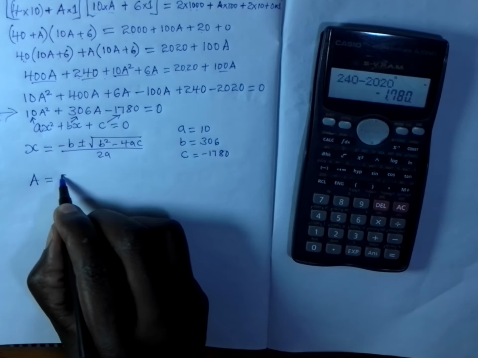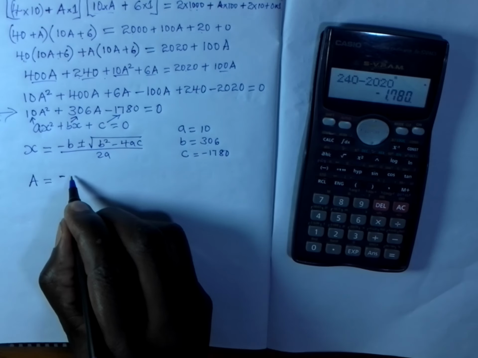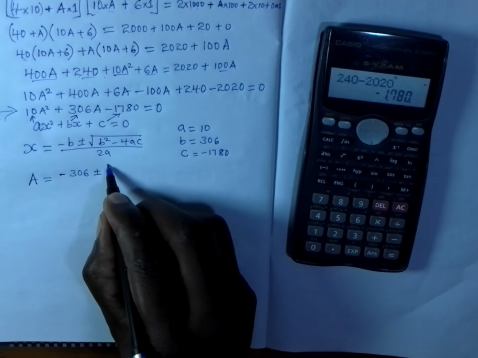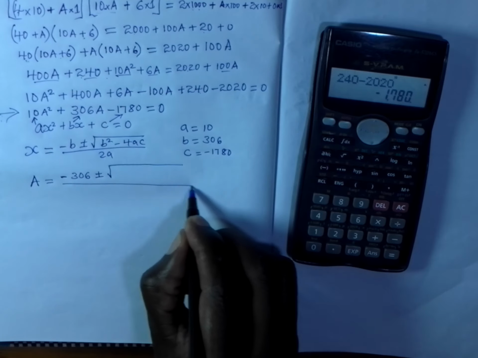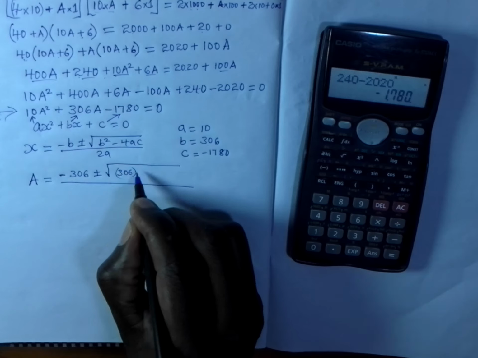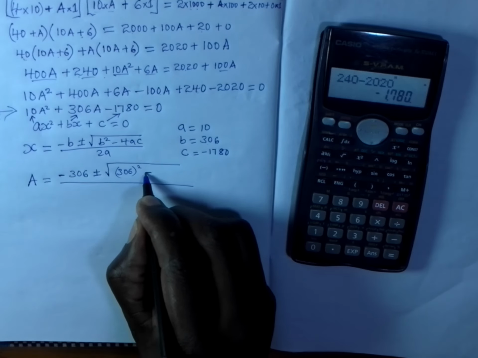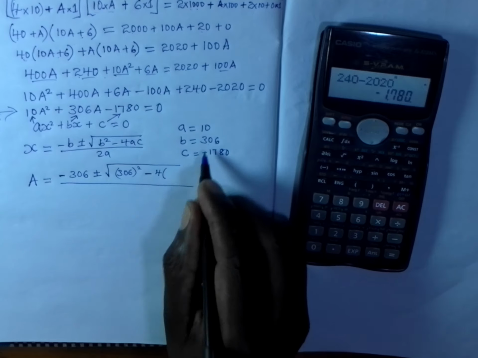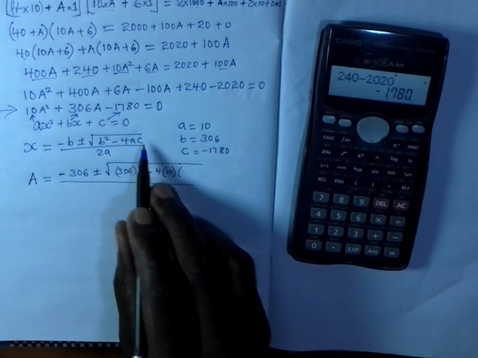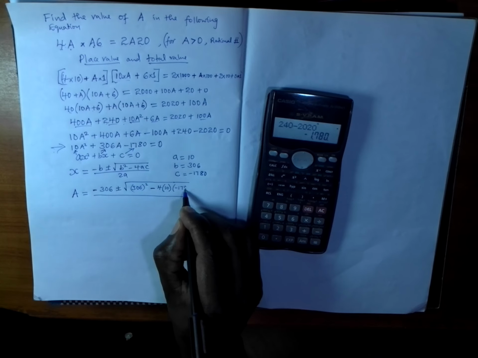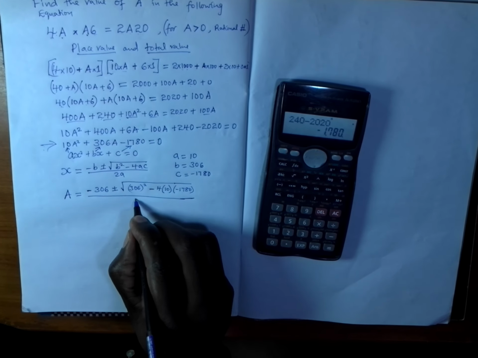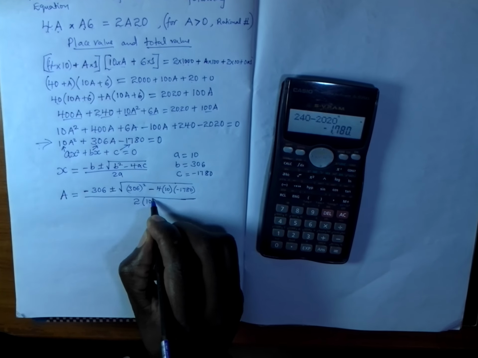So we have minus b, which is 306, then plus or minus square root of b, 306, squared, then minus 4, a is 10, then multiply by c is negative 1780, all over 2a, which is 10.